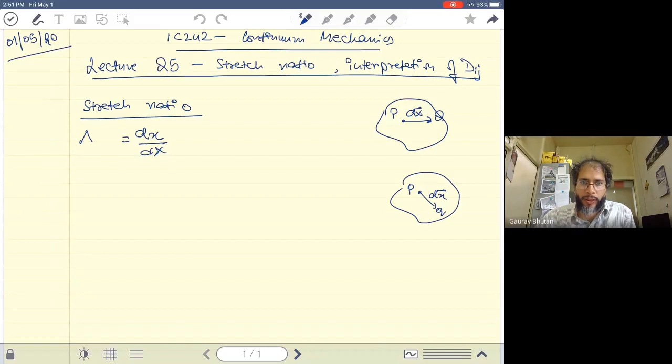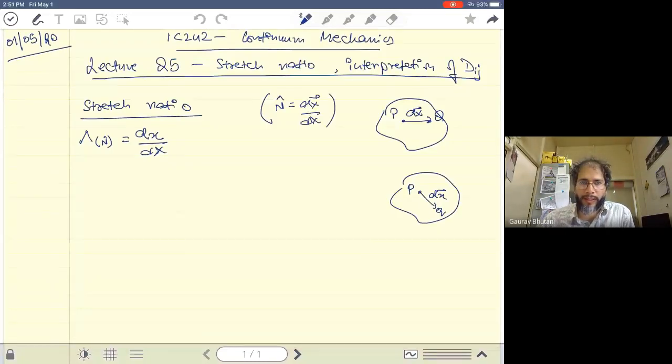Again, the stretch ratio, similar to all the other quantities, is defined at a given point P. So the definition of lambda is specific to point P. But you can have different dX vectors depending on where point Q is. So lambda is also specific to N hat, capital N hat, which, if you remember, is the direction of dX.